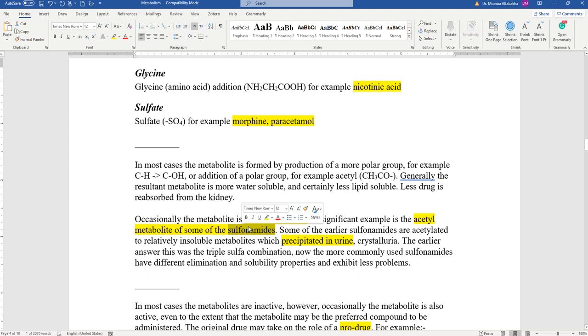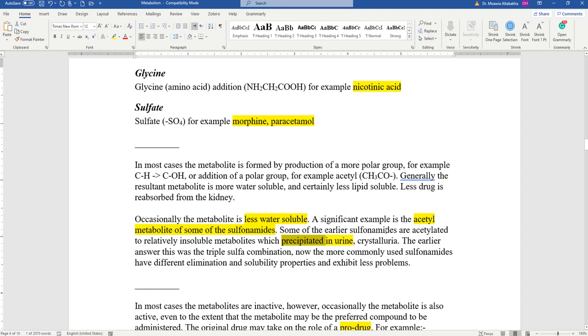In the beginning they used to have this problem انه السلفانومايد get precipitated في اليورين وبيسوي crystals في الكدنيز. Why? Because when the metabolite of sulfonamide containing or being conjugated with acetyl became less water soluble, فصار يصير له ايش؟ precipitation. طبعا they used to do what?